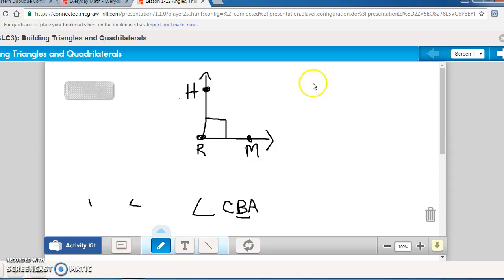We could call this angle H, R, M, or we could call it angle M, R, H. Both are acceptable because since R is at the vertex, R needs to be in the middle of both of our angles.